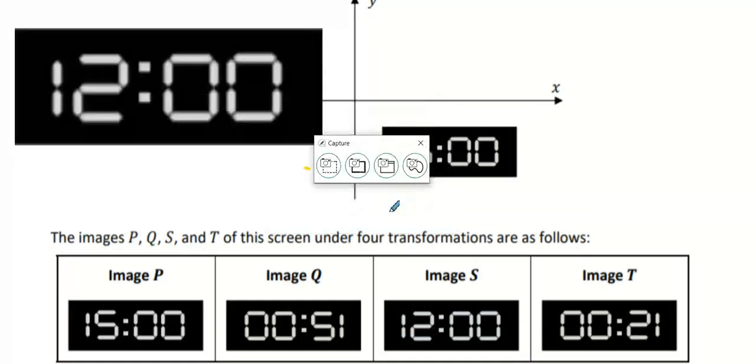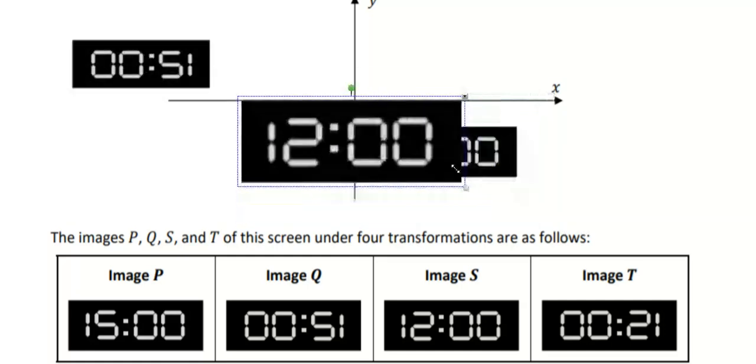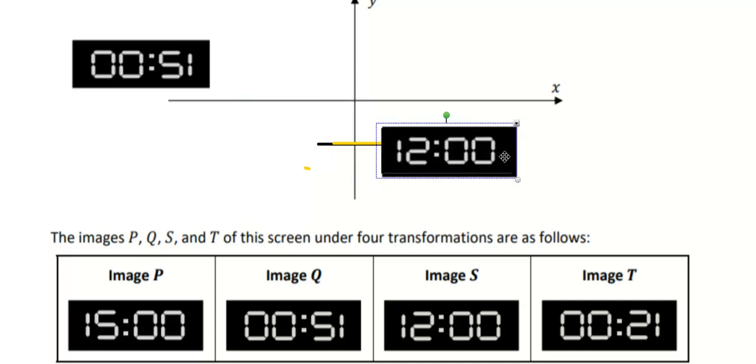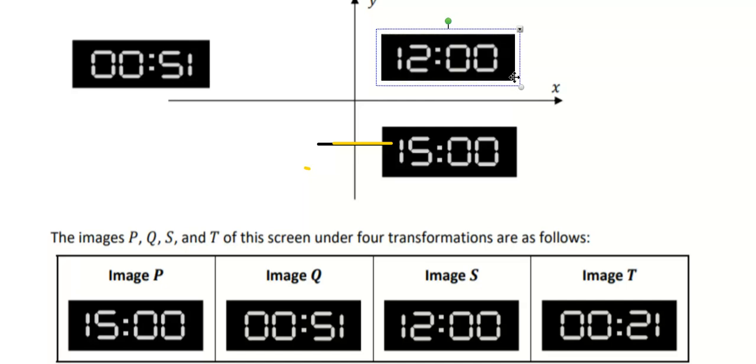I want to reduce the size. Now, roughly the same size. Now if I stack the two of them above each other, alright, this one's more like it.